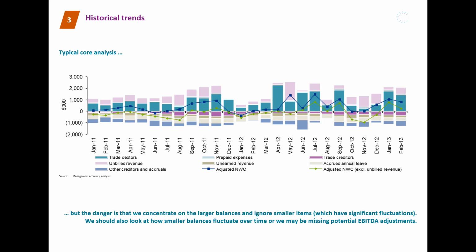For example, look at these peak months. So what's driving this peak month? Maybe have a look at this one, trade debtors, July 2012. They have got $1.5 million of trade debtors. That means that they've done the service for clients, they've recorded it as revenue, but they haven't received cash for it. So that means there's $1.5 million of cash locked up on the balance sheet as a receivable, which they don't have.